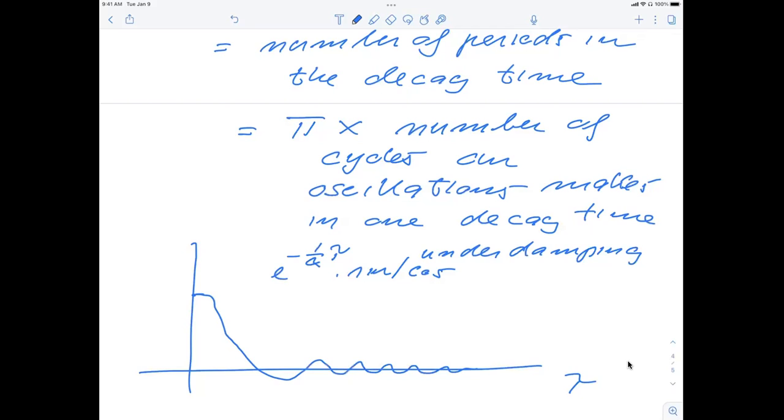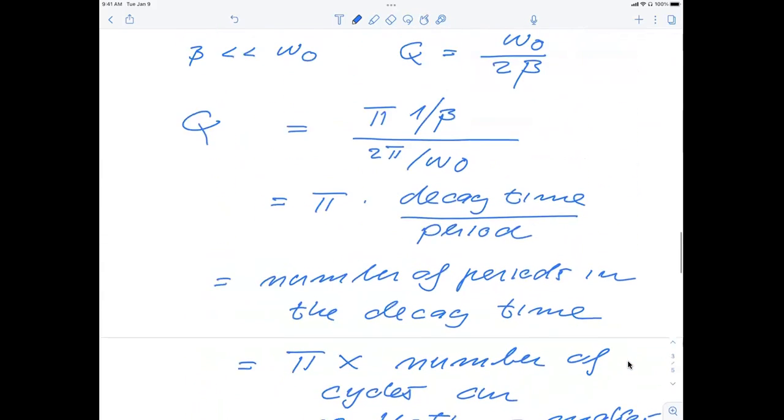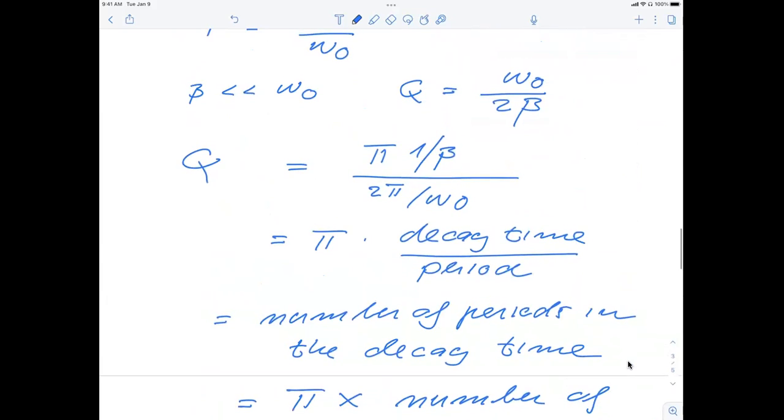So it's a way to link what we see when we solve the equations with the physical parameters of the system. So this parameter Q is given by the physical parameters of the system. This omega 0, just to remind you, is the square root of K divided by M. Beta is simply the friction or resistance parameter divided by 2 times the mass.